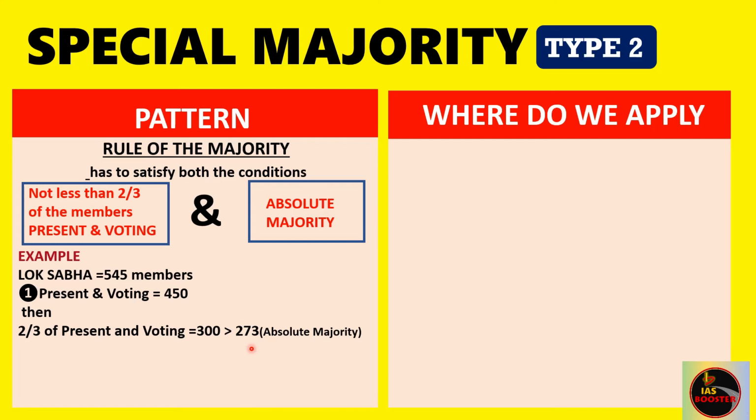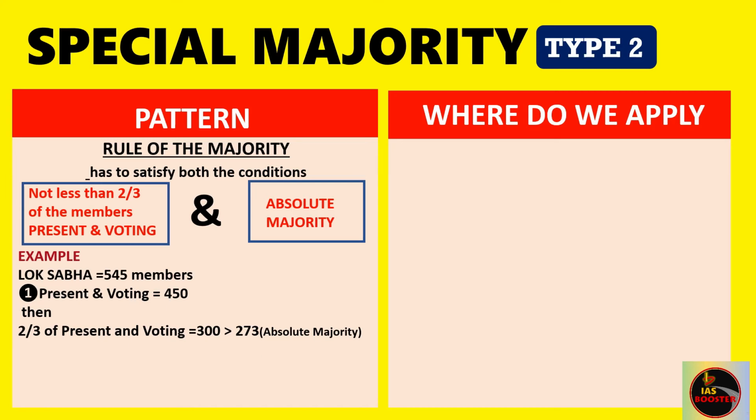That means the bill can be passed. If 300 members are voting for the bill in the Lok Sabha or the Rajya Sabha for that matter, then the bill can be passed. That's what it is saying in case number 1.